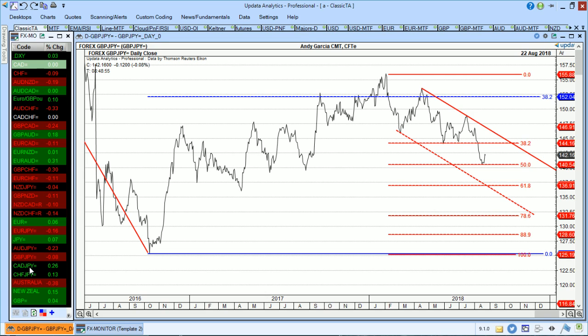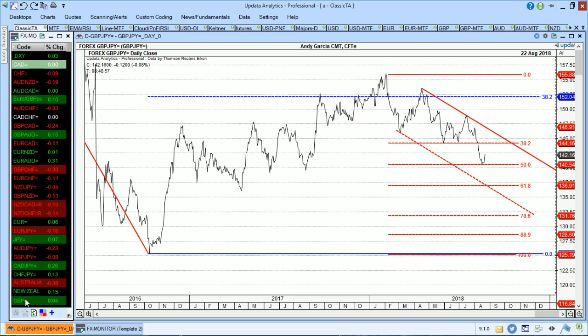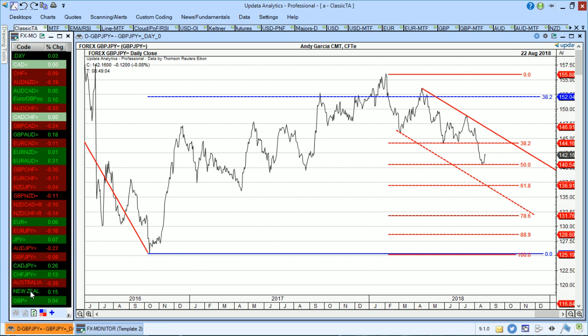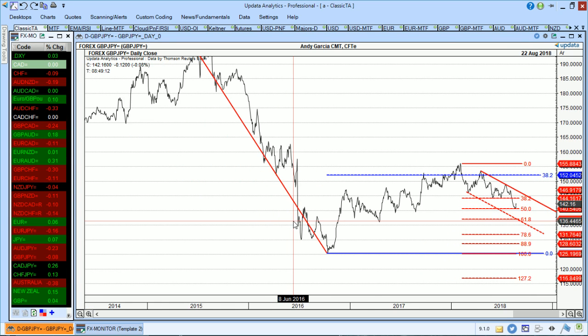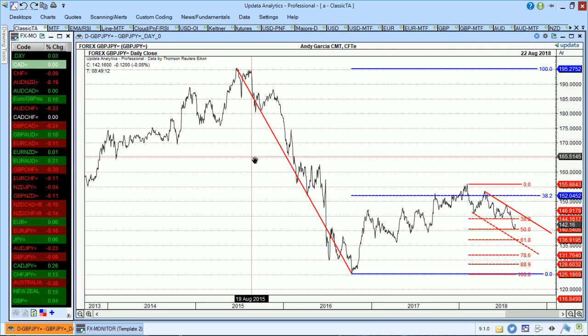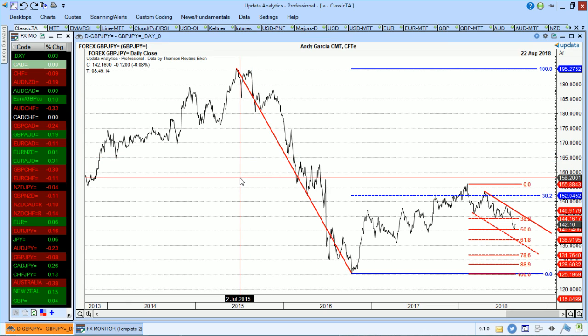This right here is the full watch list that I follow, including the dollar at the top, and you can see all the rest of the pairs right here in this watch list. And one of my favorite things to do is to look at a daily chart here.